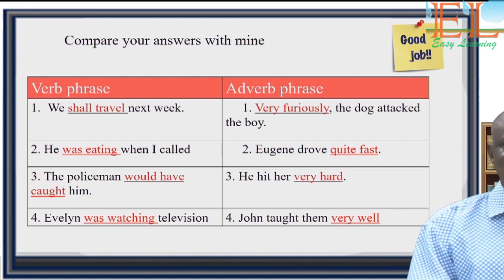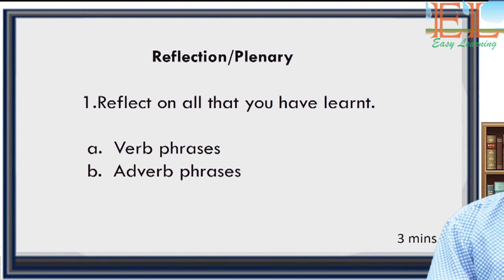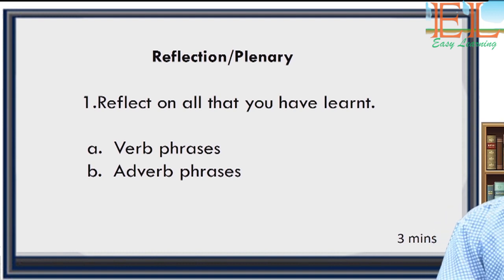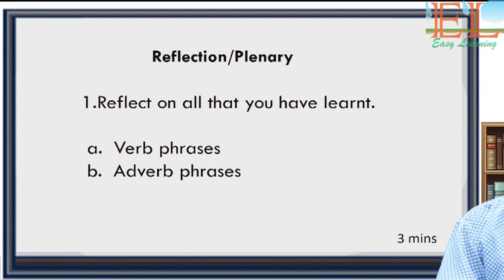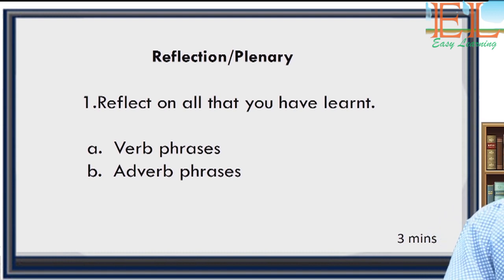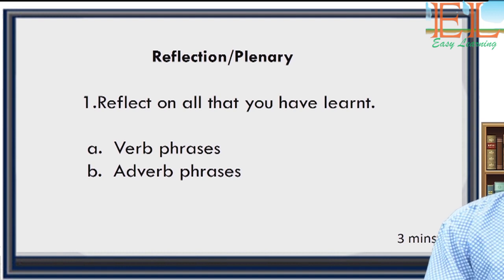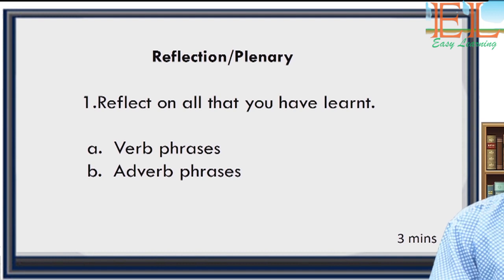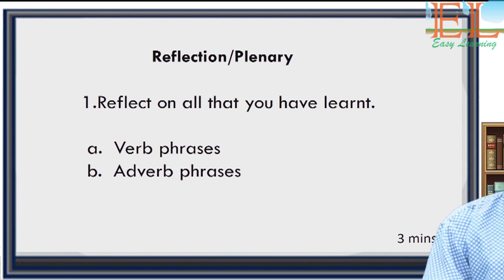Learners, time for reflection. Reflect on all that you have learned. What have you learned about verb phrases? What is the composition of the verb phrase? We have said the verb phrase is composed of the main verb plus its auxiliaries, including modals.